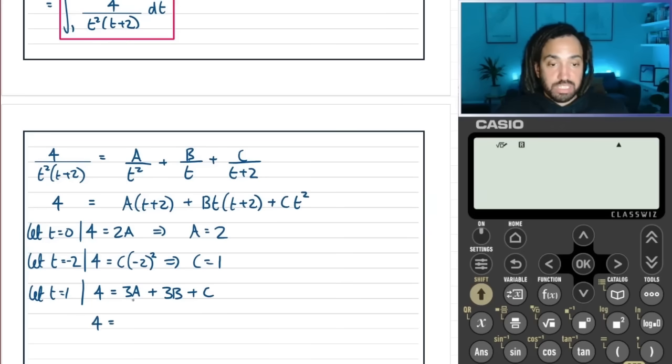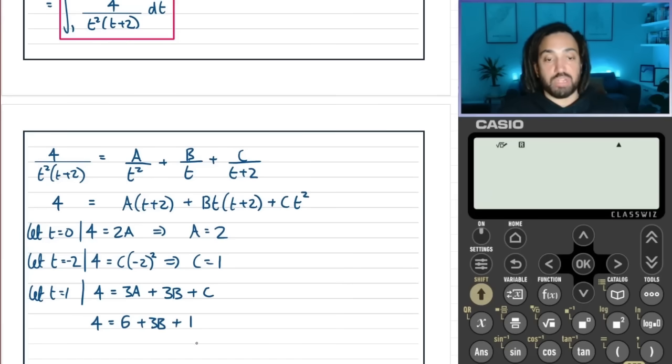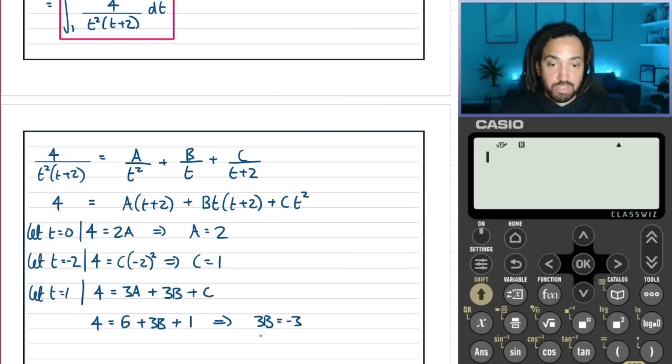So 4 is equal to 3a, which is 3 times 2 to make 6, plus 3b, which we don't know yet, but c is 1, which we do know. Okay, so that is 7, minus it over gives us minus 3. So this gives us 3b equals minus 3. So b is equal to, of course, minus 1. Okay, great.